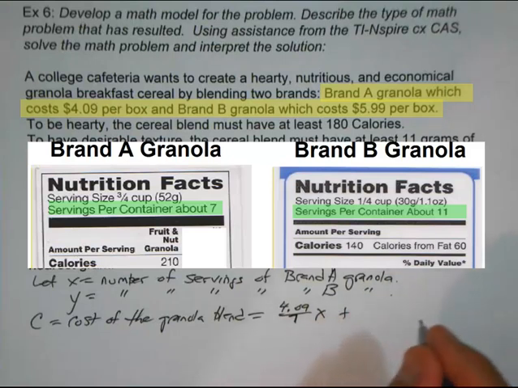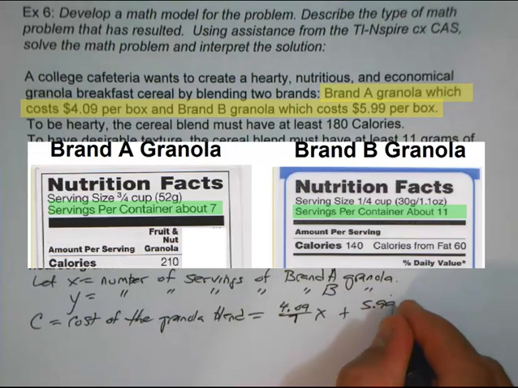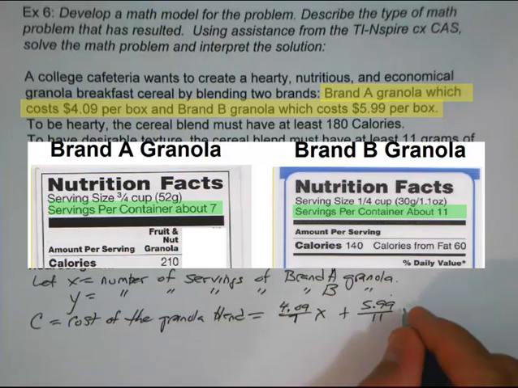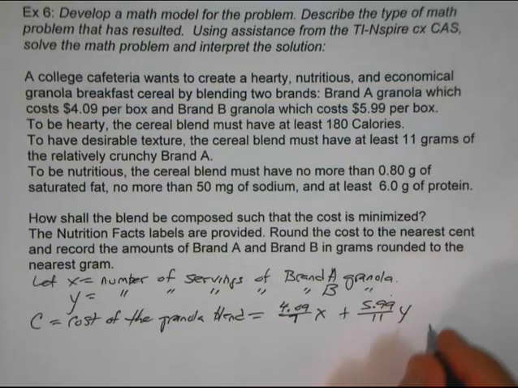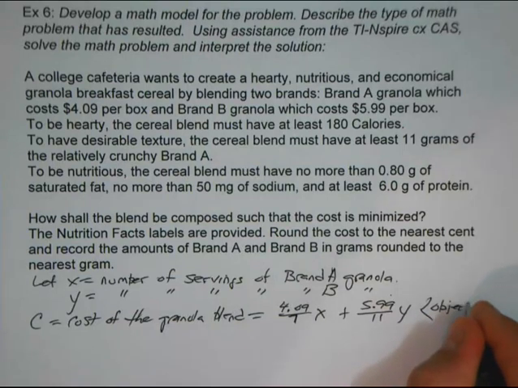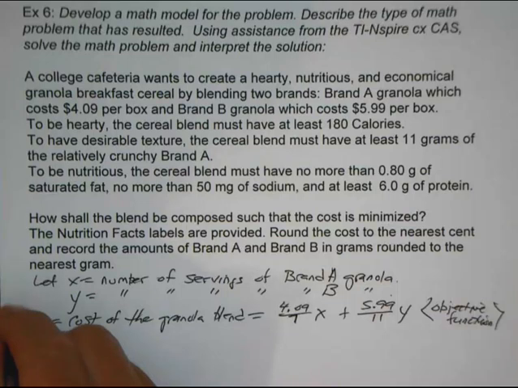And then there's the cost due to using Brand B: the cost per serving is $5.99 divided by the 11 servings per container, times y servings. Okay, there we are. Now we've formulated an objective function, the function we're trying to work with here. And we remind ourselves we are trying to minimize this.